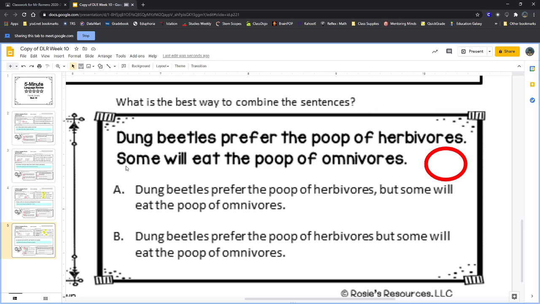Or B. Dung beetles prefer the poop of herbivores but some will eat the poop of omnivores. What answer choice is the better way to combine these? Messiah, what do you say? A or B?